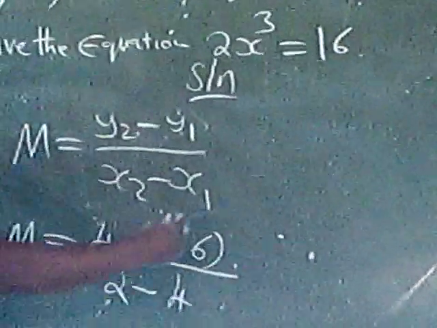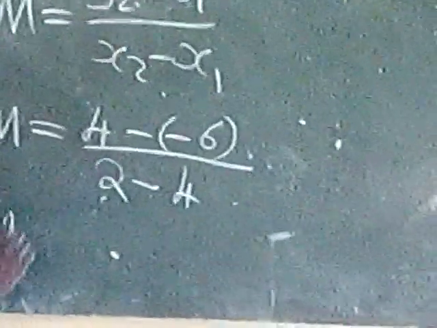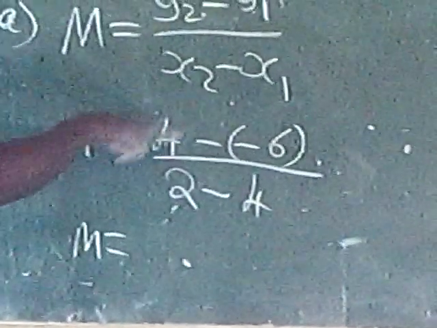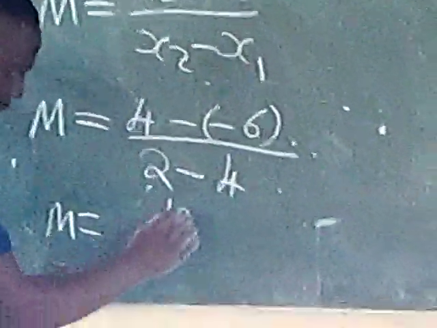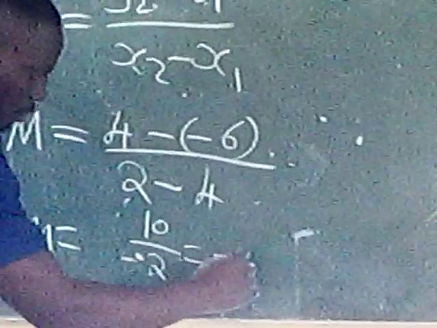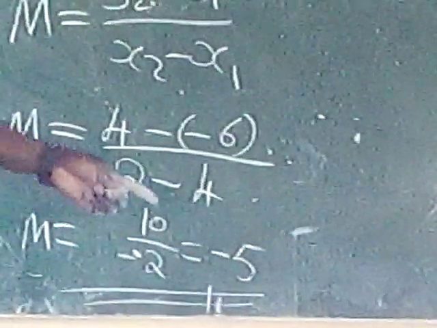If you simplify this, you have 4 minus 6 is 4 plus 6, which is 10. 2 minus 4 is minus 2. And the answer will be minus 5. Therefore, the gradient is equal to minus 5.